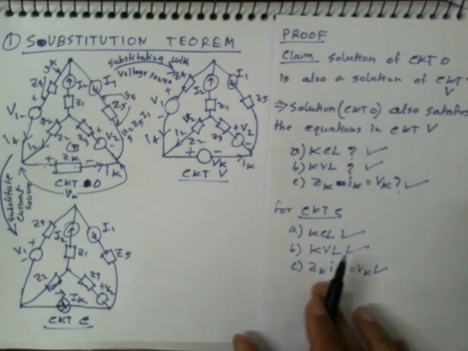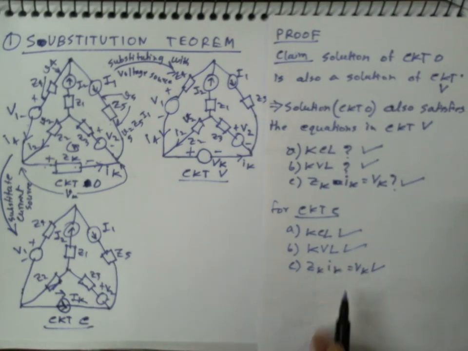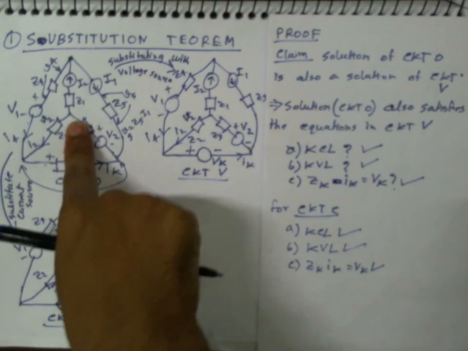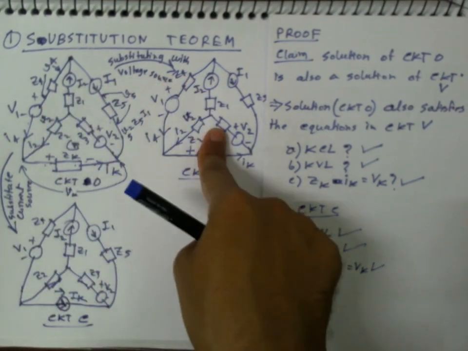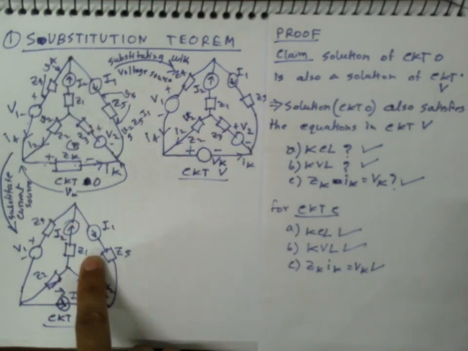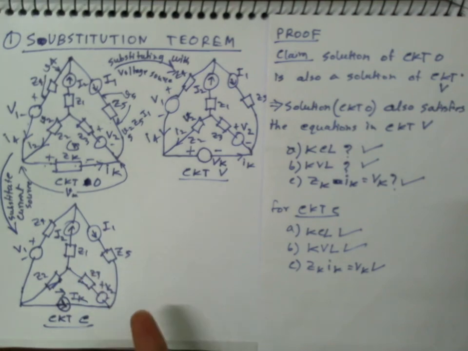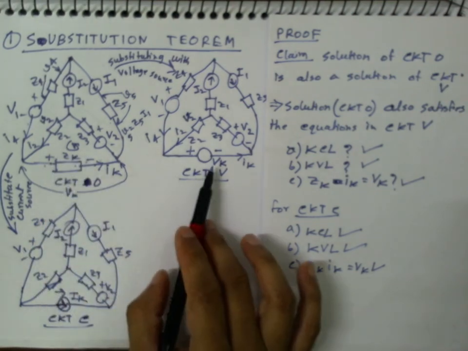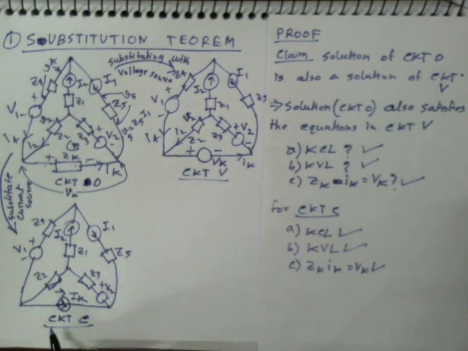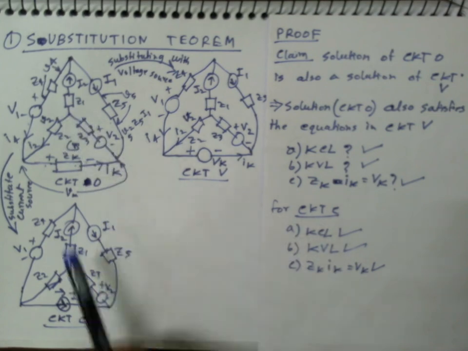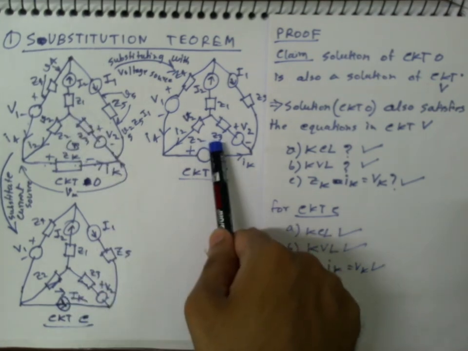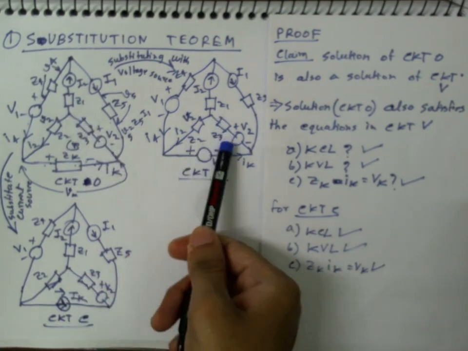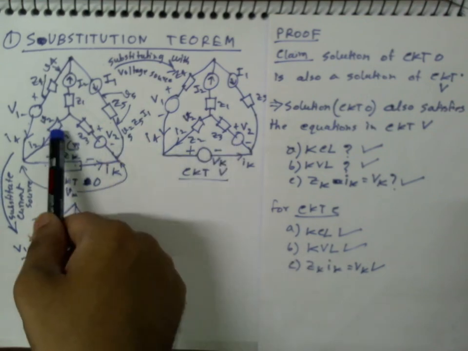that is the proof. So that proves that the solution here is also applicable here and is also applicable here. In other words, if I replace any branch with a suitable voltage source or with a suitable current source, and instead of solving this circuit, if I solve this circuit or this circuit, the solution that I will have is the same as the solution here.